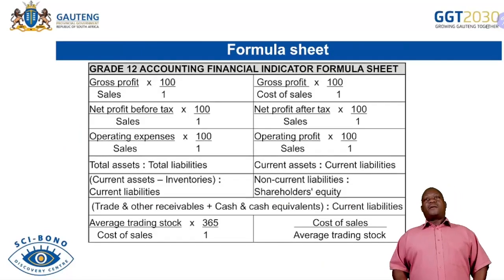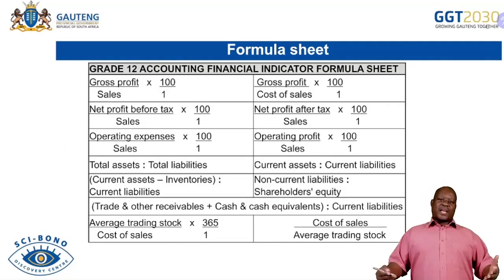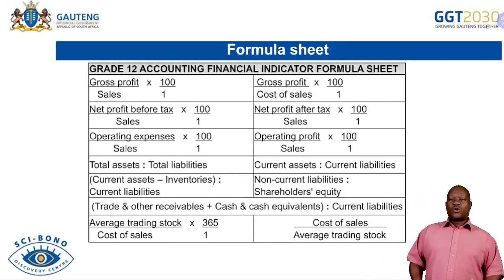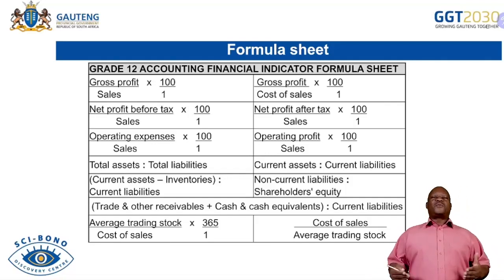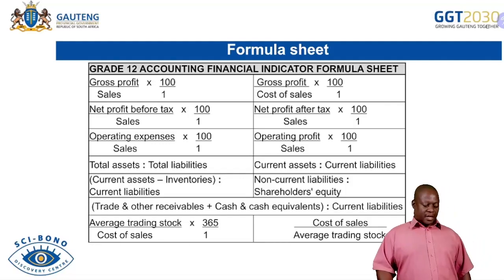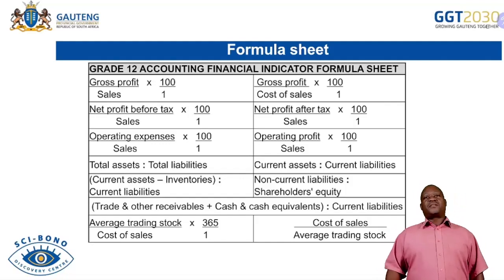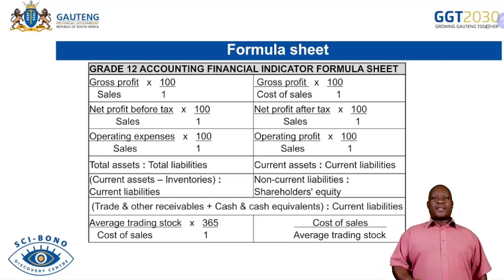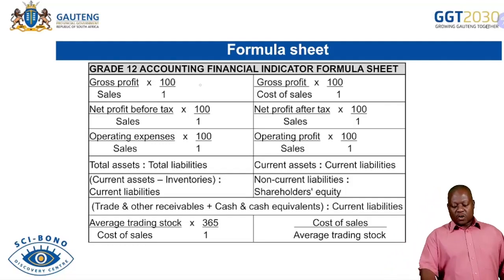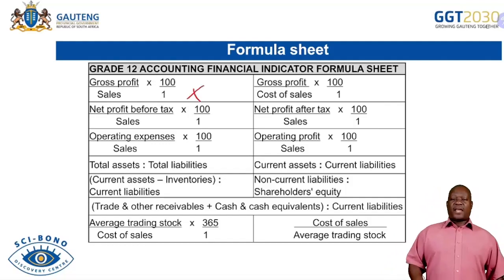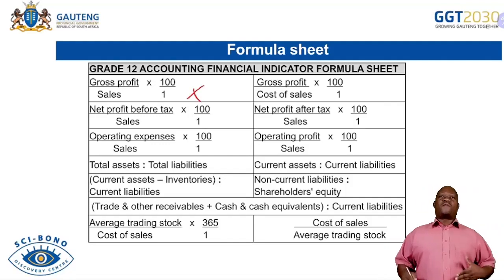Now, please take note. Grade 12 learners, we are fortunate. Starting just 2 years ago, we are getting the formula sheet in every exam that we get into. And this is exactly what the formula sheet looks like. This is half of it. The first one that you are given there is gross profit over sales multiplied by 100 over 1.